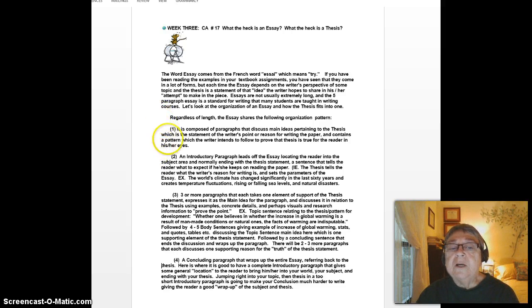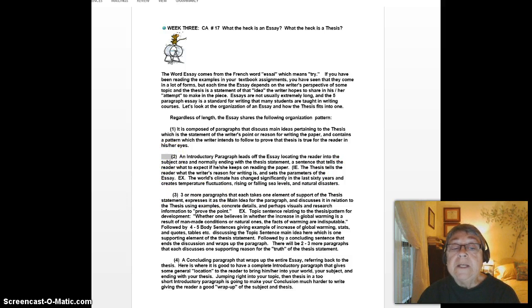So let's look at the organization, and we see that it's composed of paragraphs that discuss the main ideas pertaining to the thesis. All right? And the thesis is the writer's point or reason for writing the paper. It also contains the pattern that the writer is going to follow in order to prove that that point is true for the reader in his or her eyes.